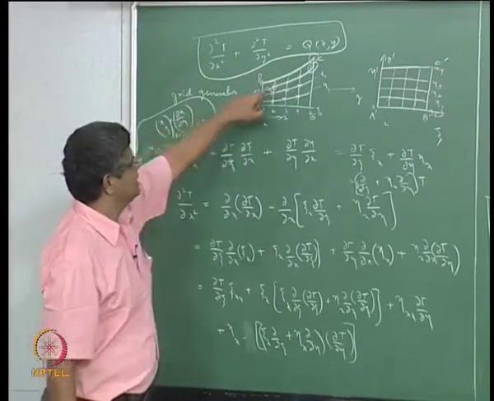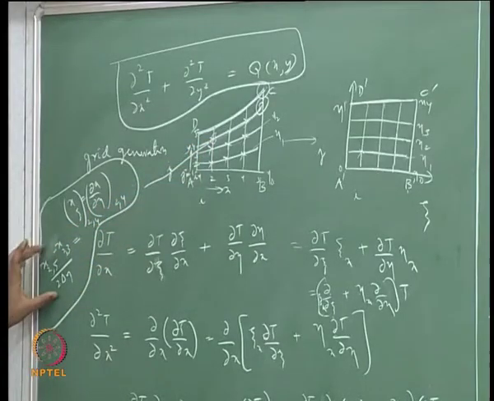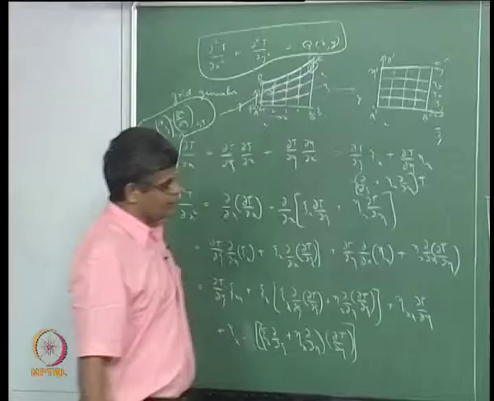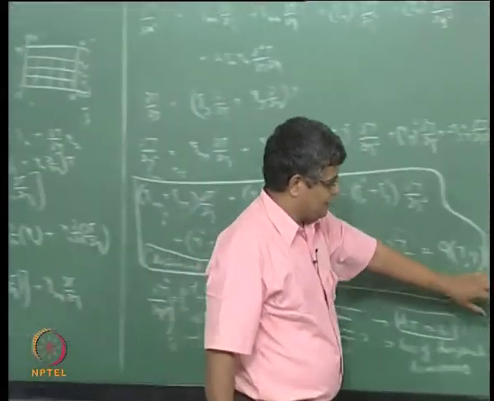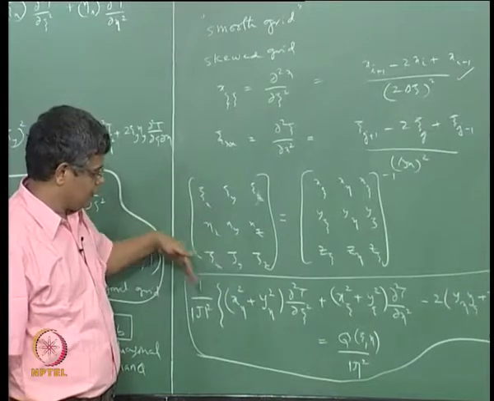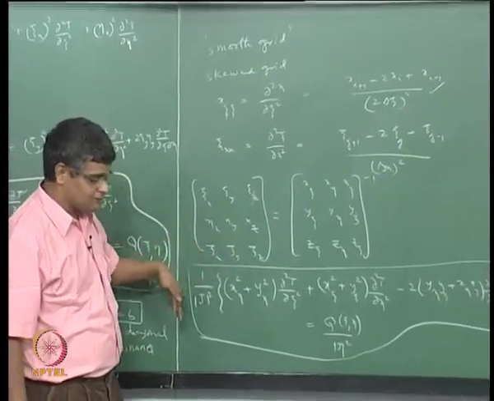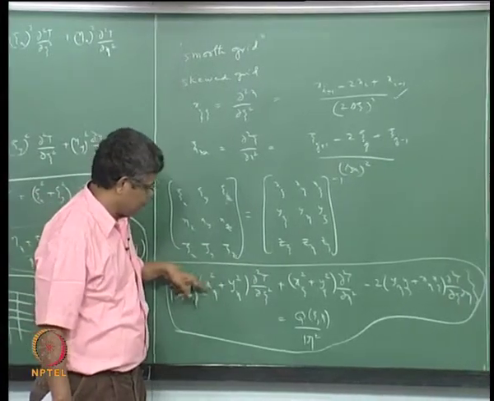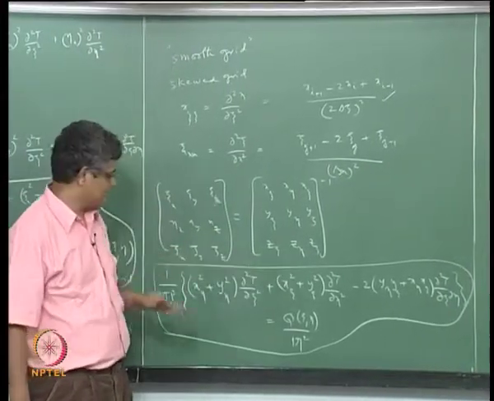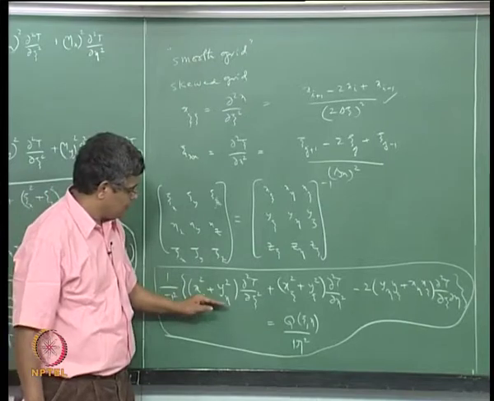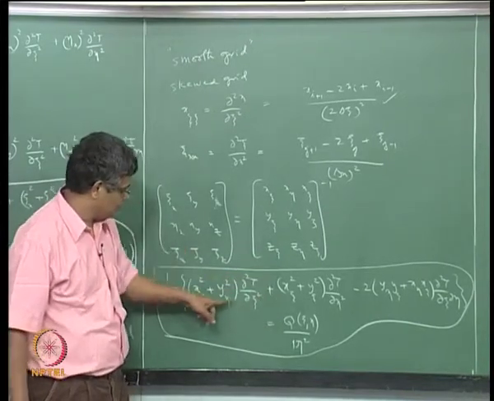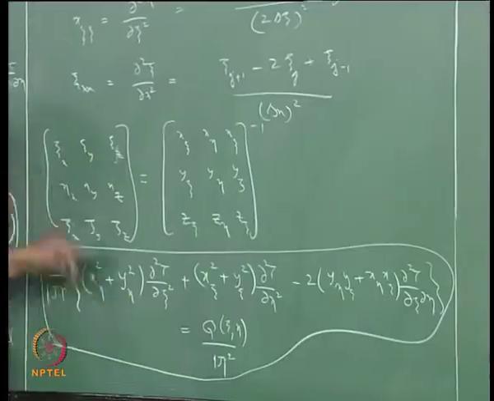So once we know the interior points, we can evaluate the derivatives in this way and put those things here. After the grid generation stage, once we have found all the interior points and numerically evaluated all these derivatives for the general case, we will have an equation with coefficients based on the grid generation.